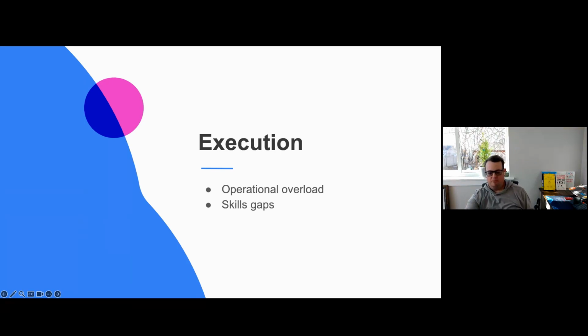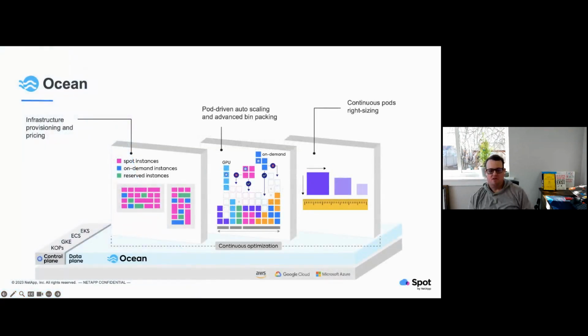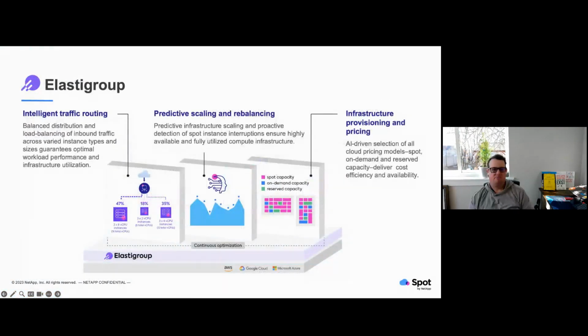And if we go back and we talk about our automation platform, Ocean, for containers and Elastigroup for virtual machines, you can see here in this diagram that we have 16 total vCPUs on one node that's using 47% of its utilization.